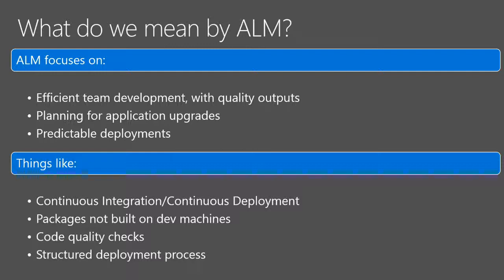I often say that if you're taking some kind of release to a client and you're upgrading their production environment, that's a stressful time. There's quite a few things to think about generally in the SharePoint world. And really, with ALM, we're trying to practice the deployment beforehand, practice the upgrade beforehand, so we've got no surprises. Now, some of the techniques that we might use to help us get there are things like continuous integration, so the idea of building the code from the latest versions checked in to source control.